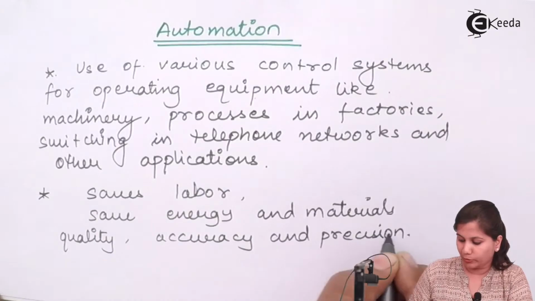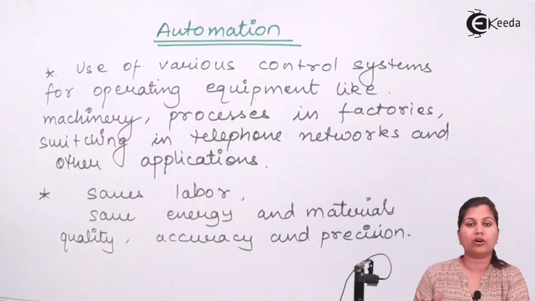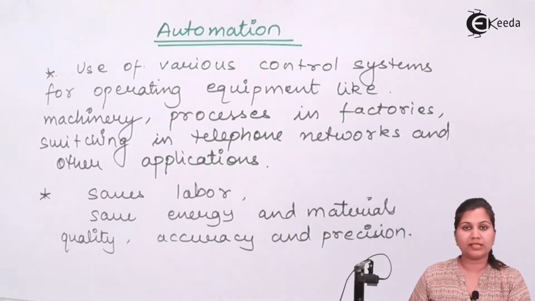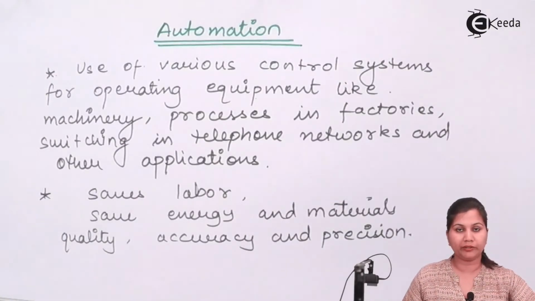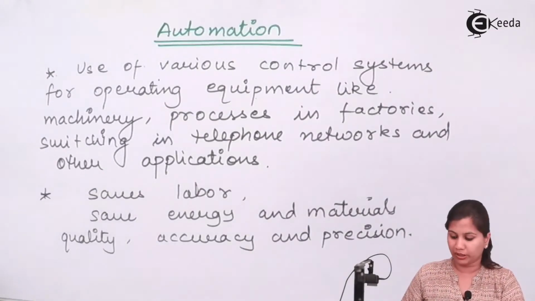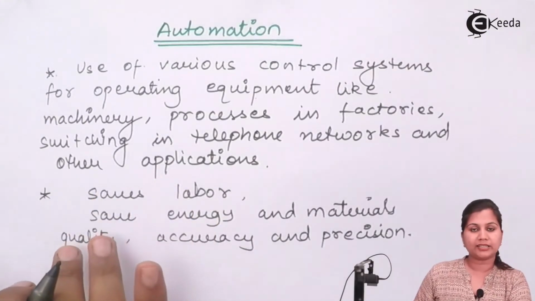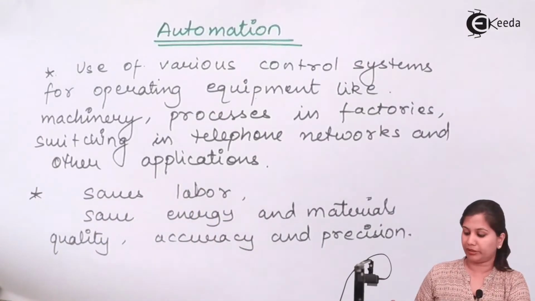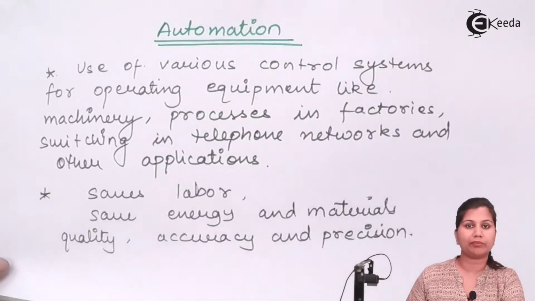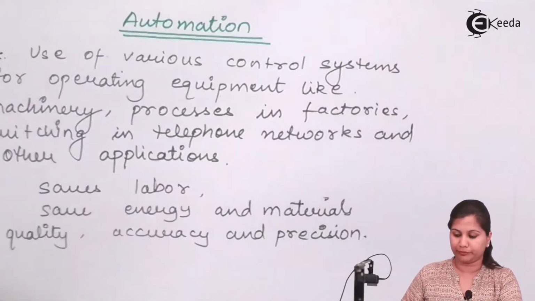So these are the advantages of introducing automation in the embedded system. Automation means that we have reduced the human involvement. Now the human processes are being performed by machinery. The advantages are that it saves labor, energy and materials, and quality, accuracy and precision are improved.